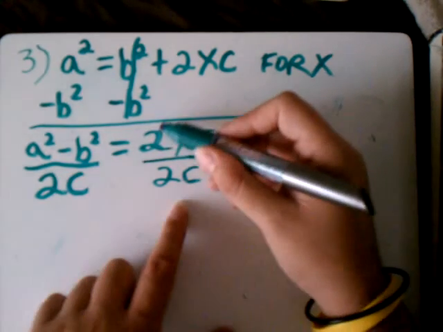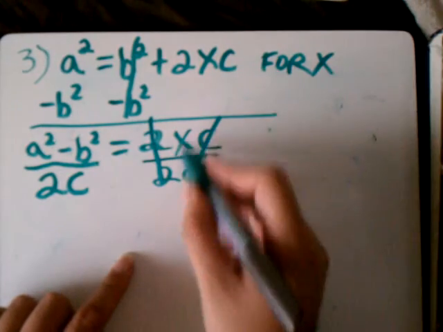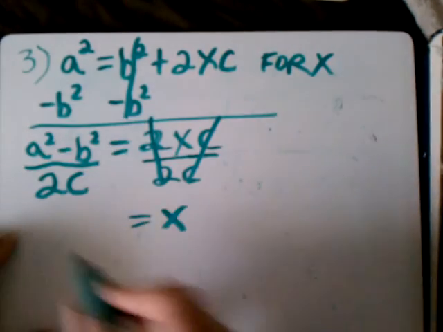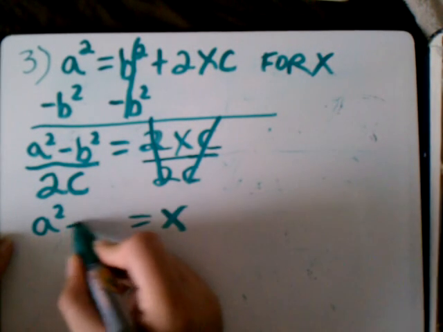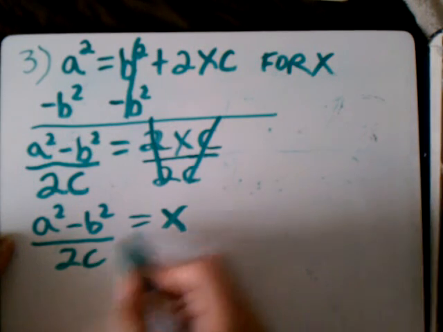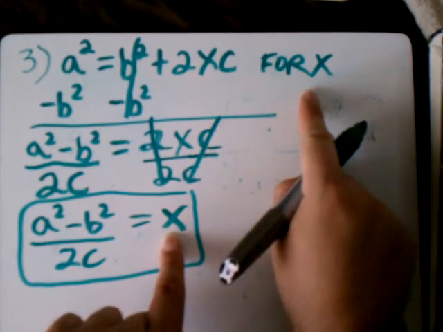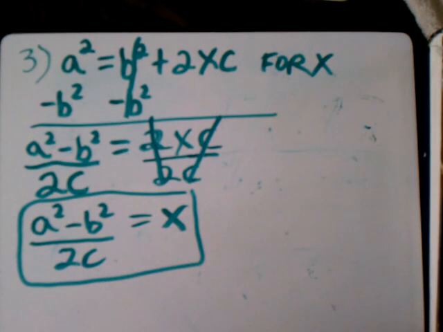So on this side, the 2 and the 2 cancel out, the c and the c cancel out. So now you have x equals. There's nothing you can do here, so you just write it down. A squared minus b squared over 2c. Once your variable is by itself, you're done. Okay? And that's it.